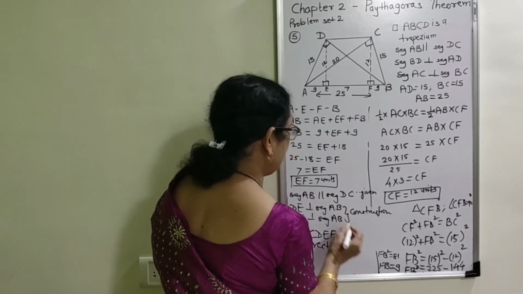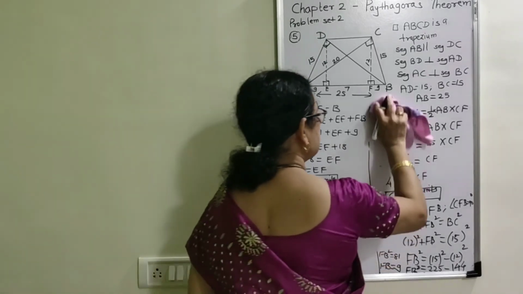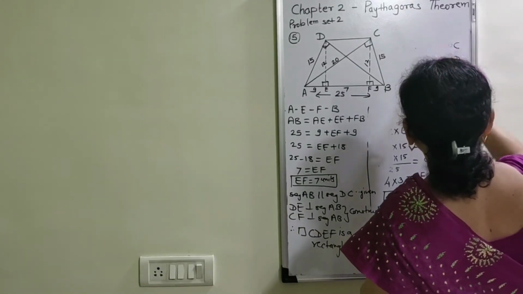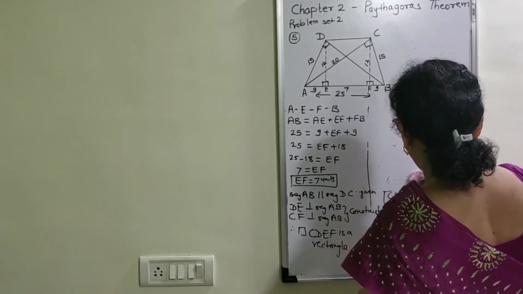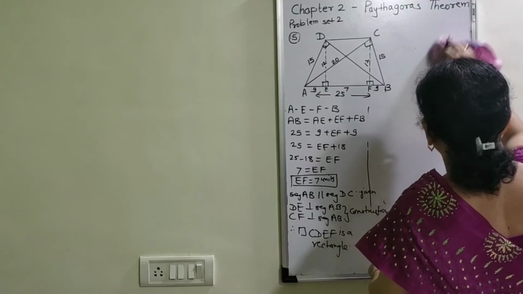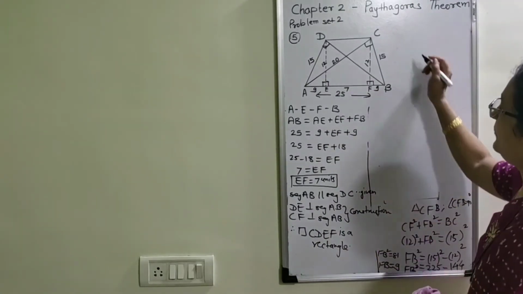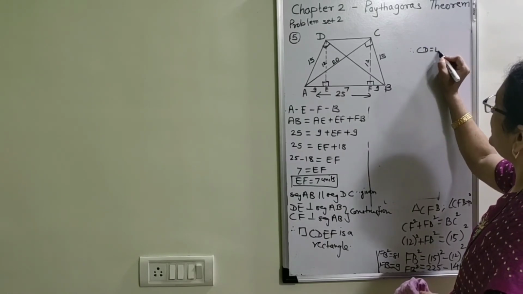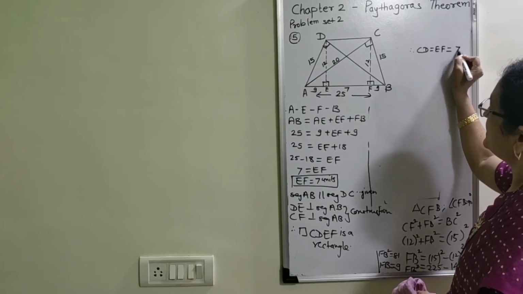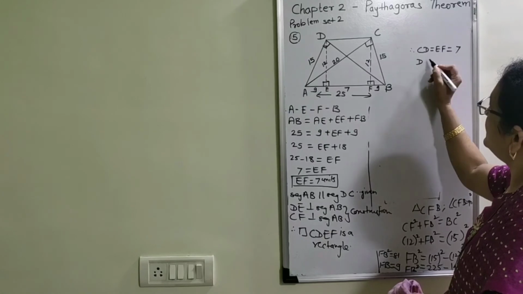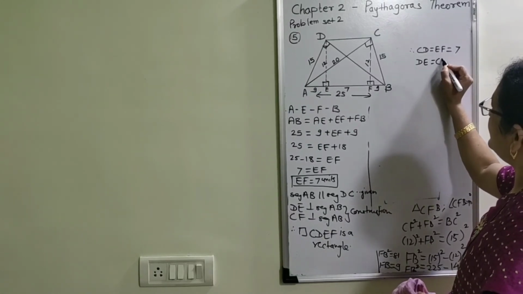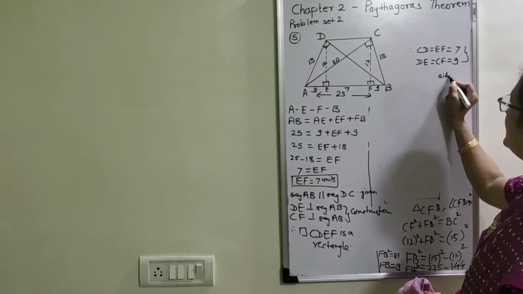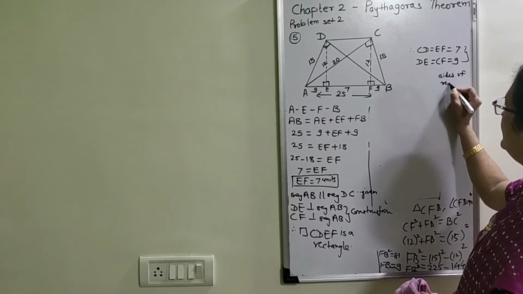Since it is the rectangle, its opposite sides are congruent to each other. Now we will write the opposite sides which are congruent to each other. Therefore, CD is equal to EF is equal to 7 as well as DE is equal to CF is equal to 9. Opposite sides of rectangle.